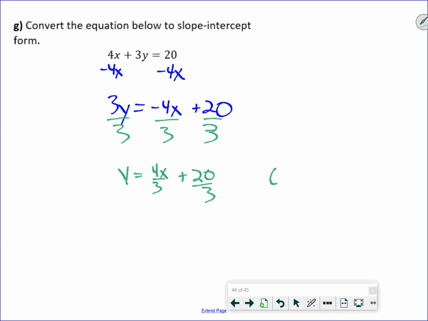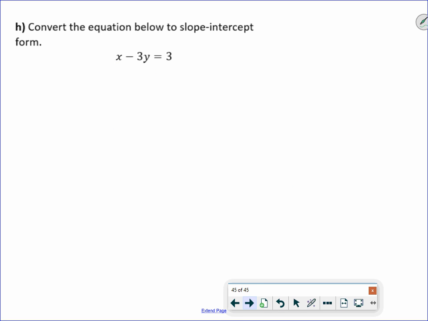Which is also 6 and 2/3. But you can leave it as a fraction, or you can change it to this, or you can write it like that as well. All of those are the same. Most likely on the test, the b will be an integer, so that it makes it easier for you to graph.